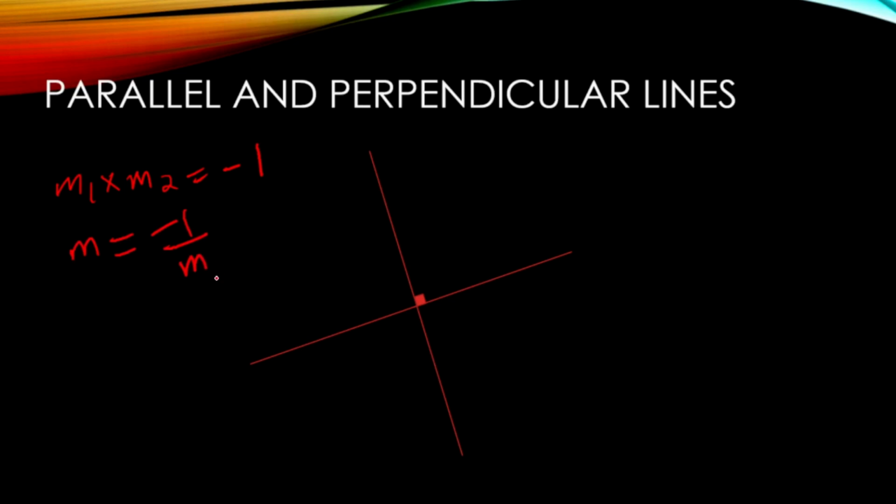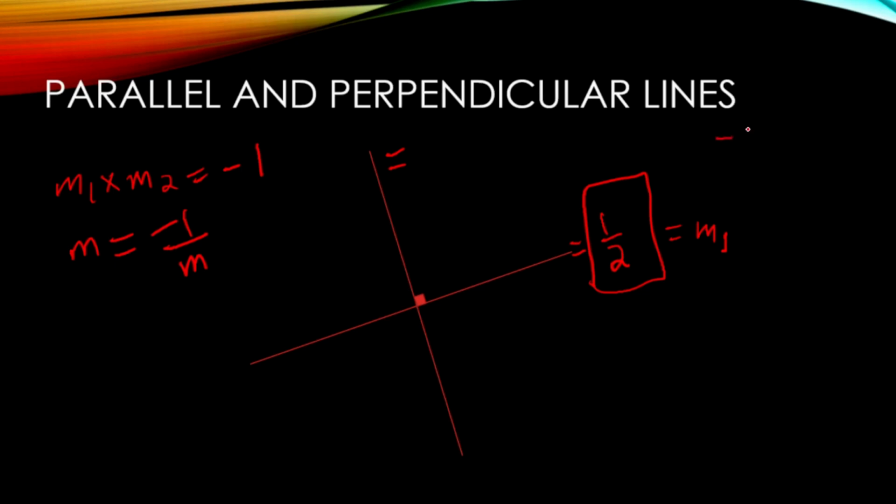So for example, I can say the gradient of this line over here is 1 over 2. Now to find the gradient of the perpendicular line, I can just put this into the formula. So m1 into m2 is equal to minus 1. So minus 1 over m1 will be our perpendicular line's gradient.